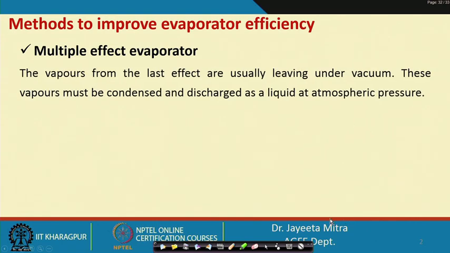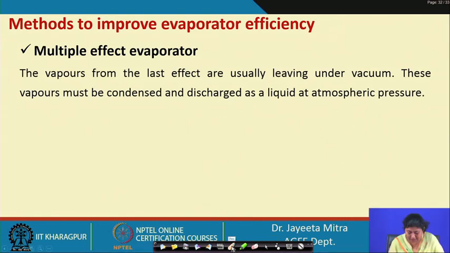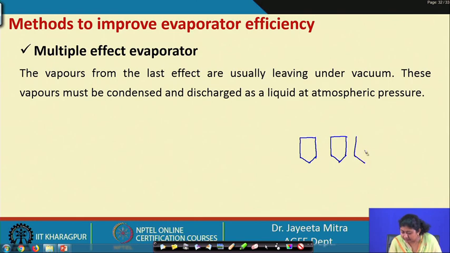So, in the multiple effect evaporator, if we just recapitulate that: suppose this is the first effect, and in series there are two other effects, the second one and this is the third one, right.